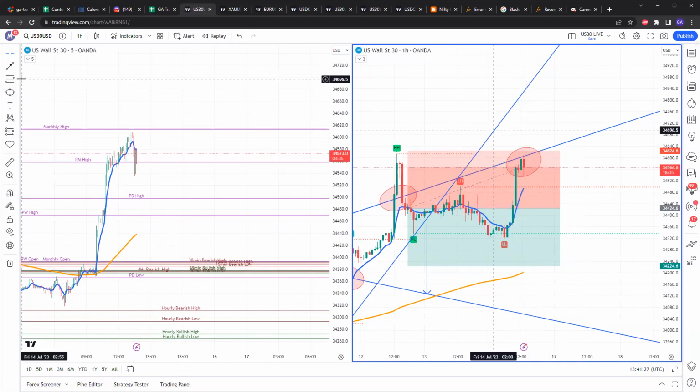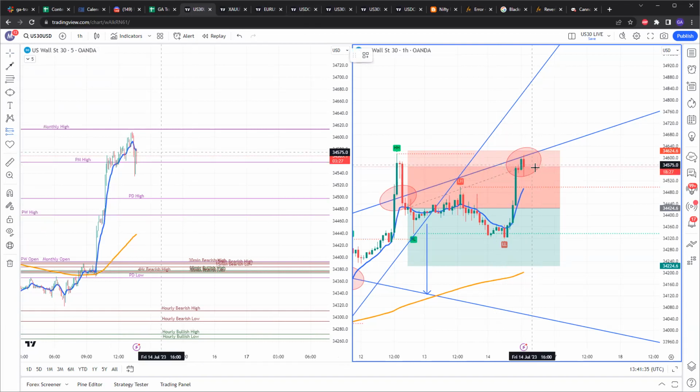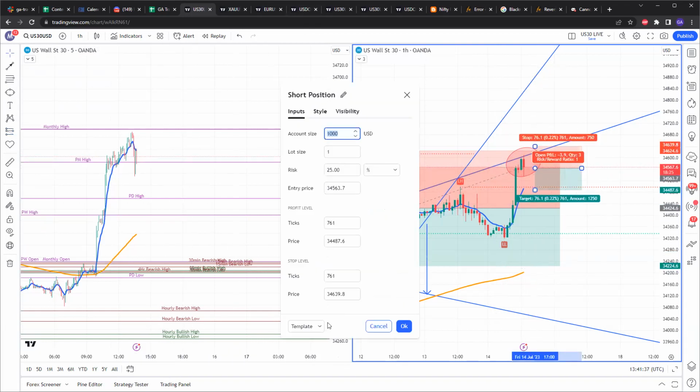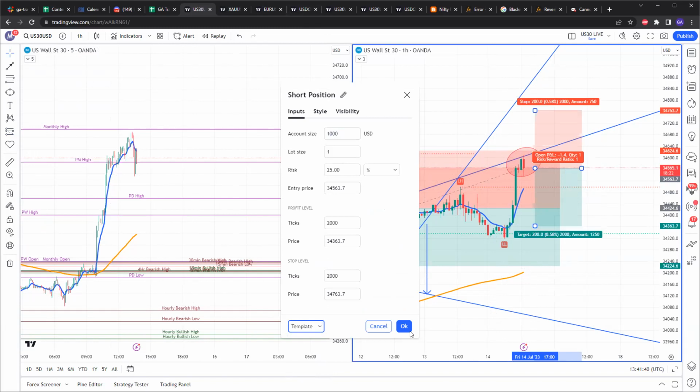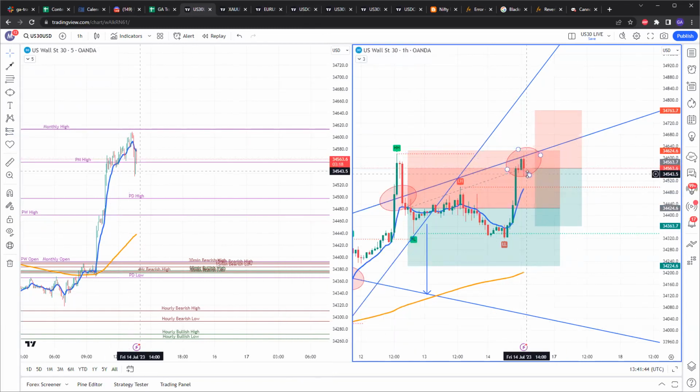So to scale into another sell, personally, I'm waiting for that reversal on the 4-hour, but to scale into the sell using the trend line, what you would want to look out for is this hourly candle needs to close below this trend line.